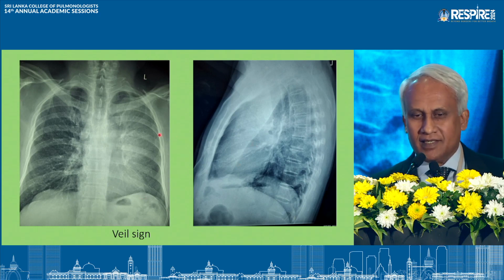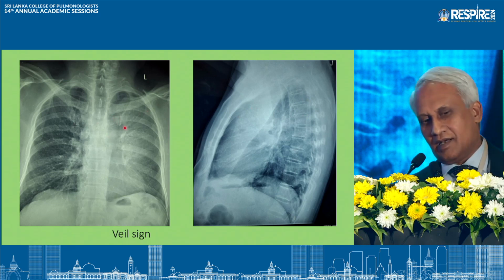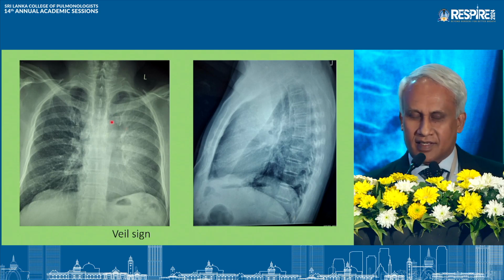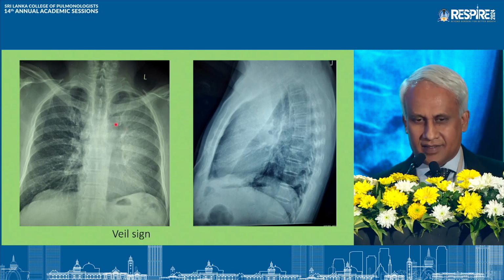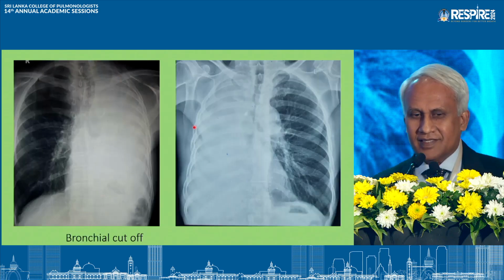Sometimes you can see this apical segment of the left lower lobe coming through in between the collapsed upper lobe and the aortic knuckle as a normal shape, crescent shape opacity.